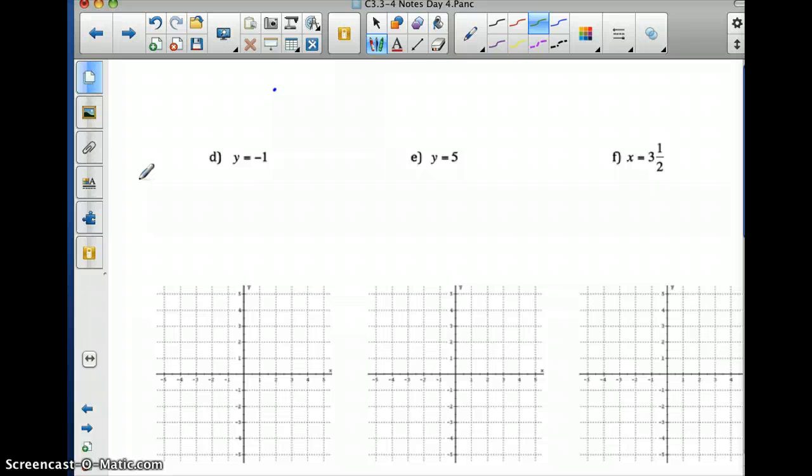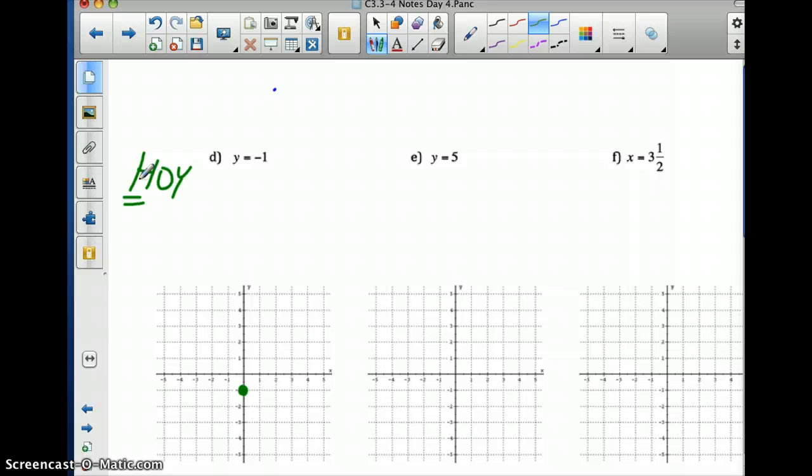Tara Burke, what word are we going to write down for letter D? Horizontal. Catherine, where am I going to put a point to start with? -1 on the up and down. Exactly, on the y-axis, guys. Everybody put a point. And then back to Tara Burke. What kind of line is this? Horizontal or vertical? Everybody use your straight edge.